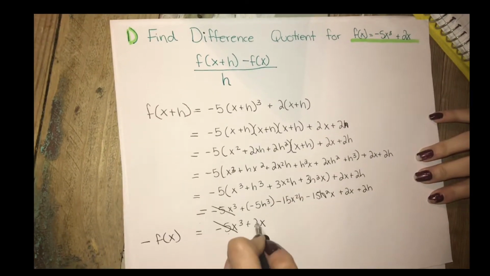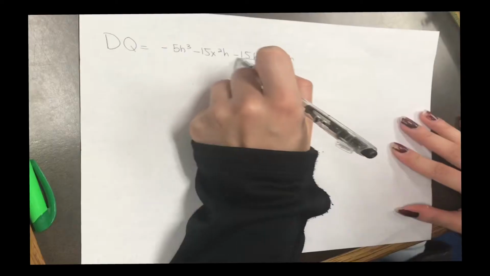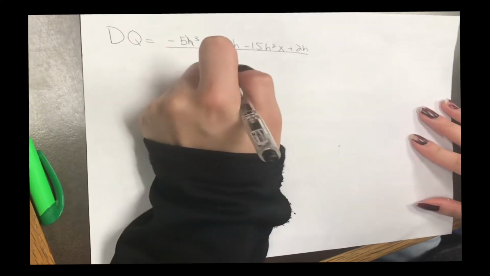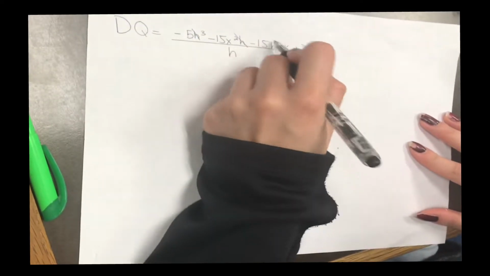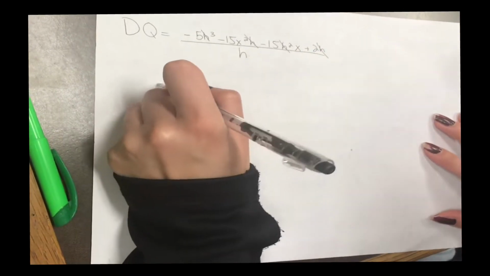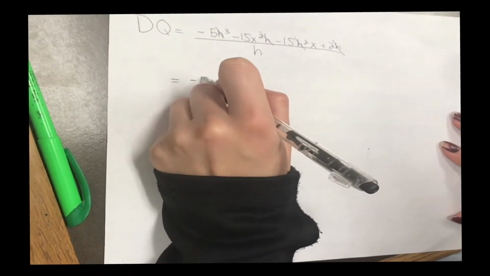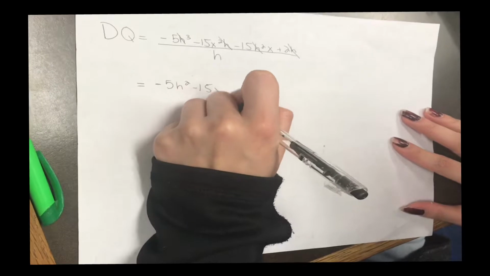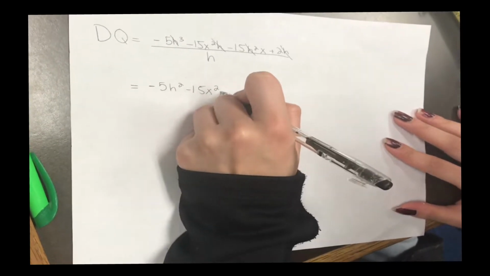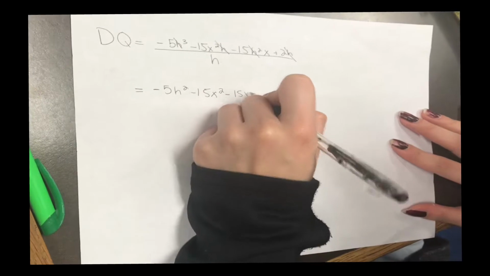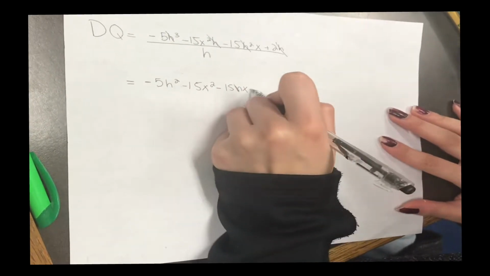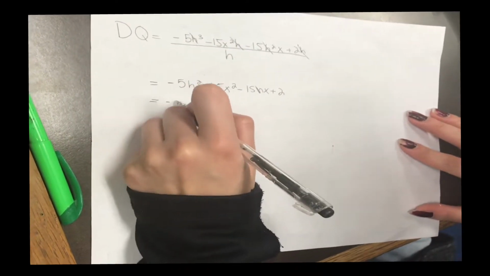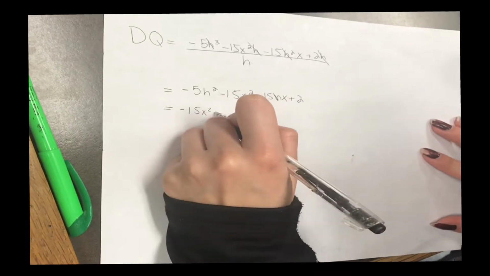So you'd cancel the like terms on the top and on the bottom. You would then bring down the rest of the equation that's left and divide it by h. So it would be negative 5, you cancel one of the h's, and it's going to be left as negative 5h squared minus 15x squared, since the h on the top is cancelled, and then minus 15, you cancel one of the h's, hx plus, you cancel the h next to the 2h, and it's going to be left as 2.